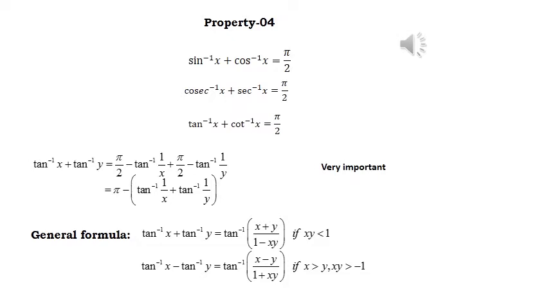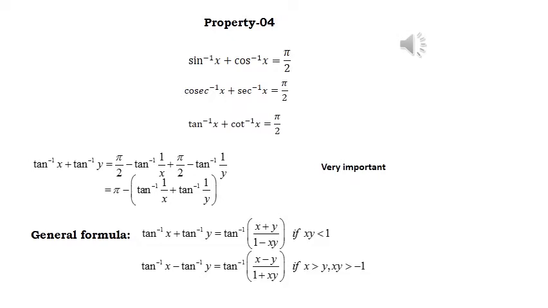Okay. And general formula, in case x into y is not greater than 1, less than 1, we can follow the general formula tan inverse x plus tan inverse y equal to tan inverse of x plus y divided by 1 minus xy, if xy is less than 1. Here the product should be less than 1.